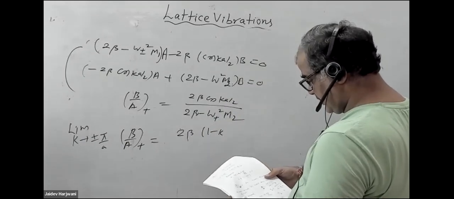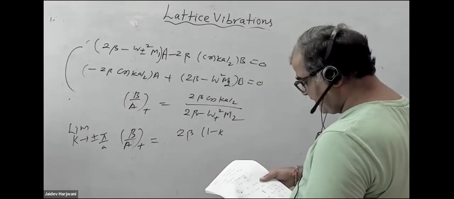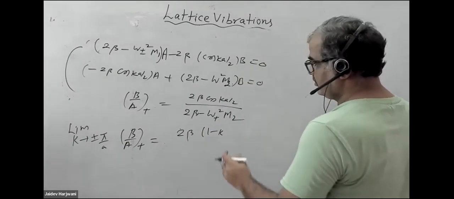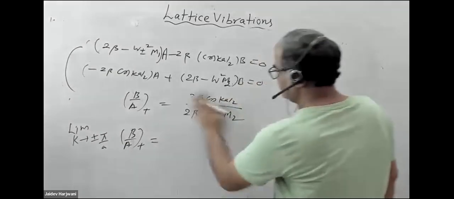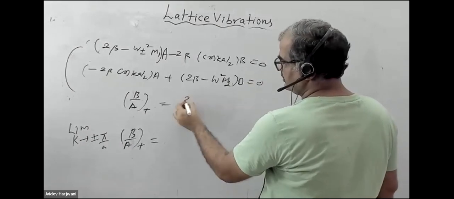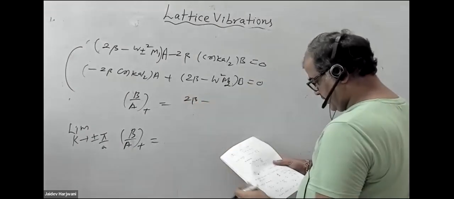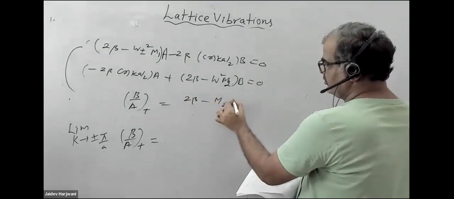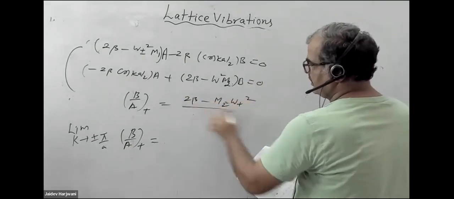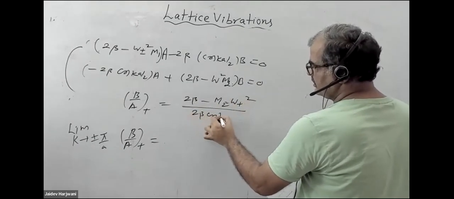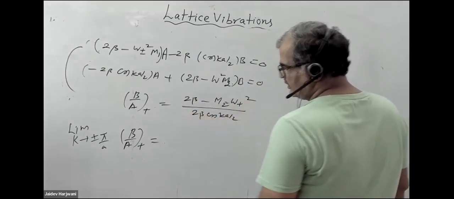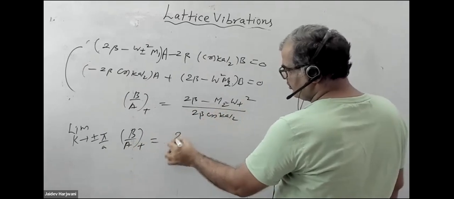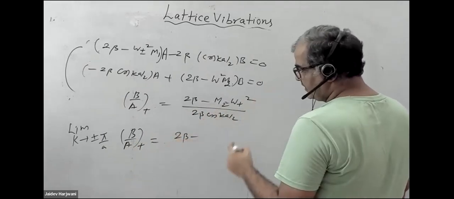Okay, I have written it opposite. So this will become now 2 beta, okay, m2 omega plus square. Okay, 2 beta cos ka by 2.